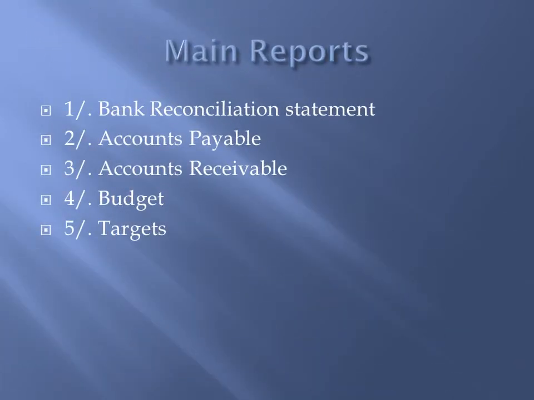So just to go back over what I've been talking to you about, you've got 4 main reports: the bank reconciliation statement, the accounts payable report, the accounts receivable report, and also the budget. And whilst we're on it, don't just stop with the budget, start also with targets.